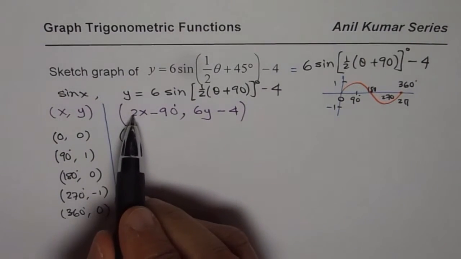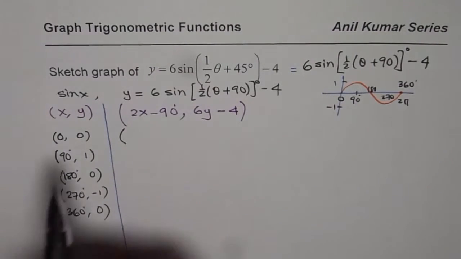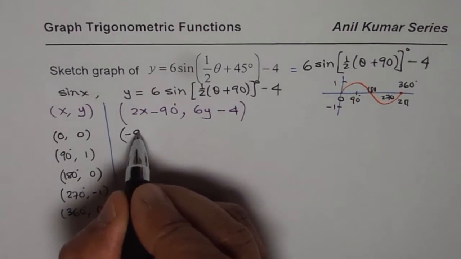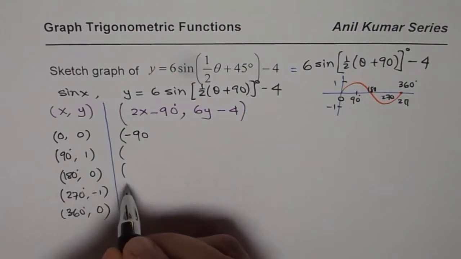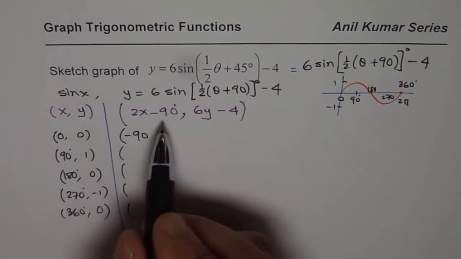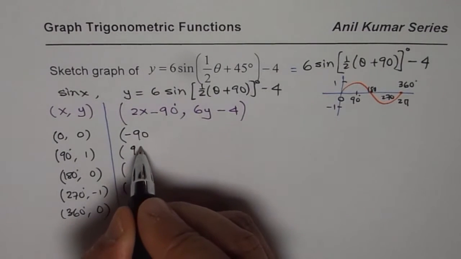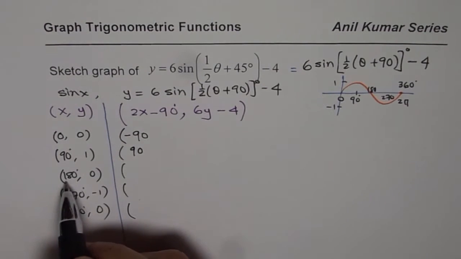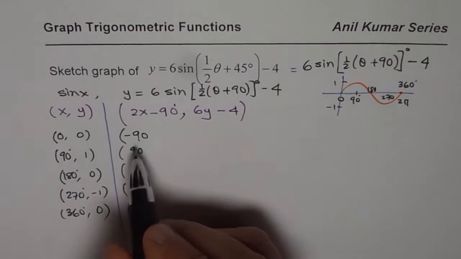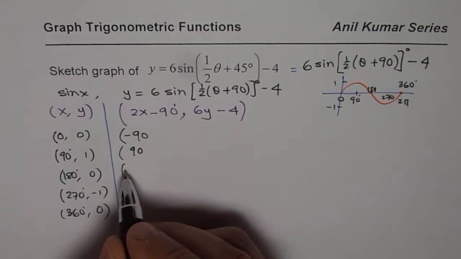So when I say 2 times x minus 90, it really means 2 times 0 is 0, minus 90 will give you minus 90, right? So let me first calculate all the x values for you. 2 times 90 is 180, and when you take away 90 you get 90 here, right? 2 times 180 is 360, and from 360 if you take away 90, then we get 270, right?